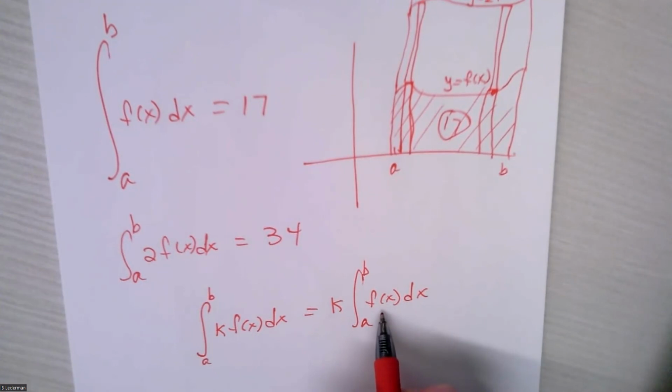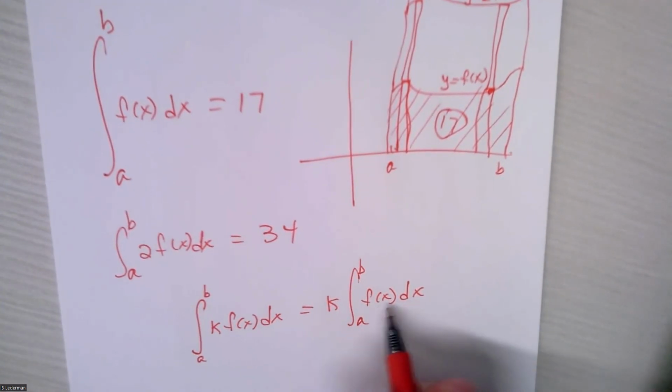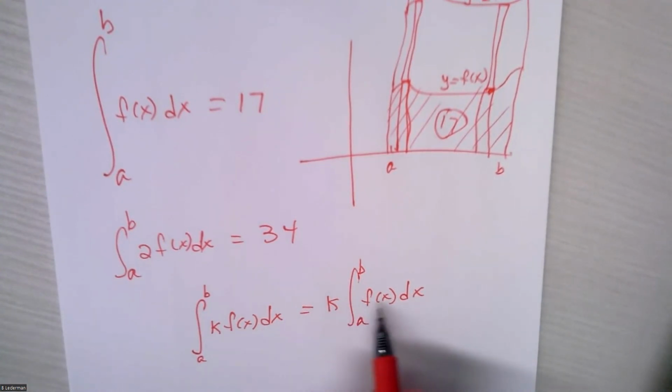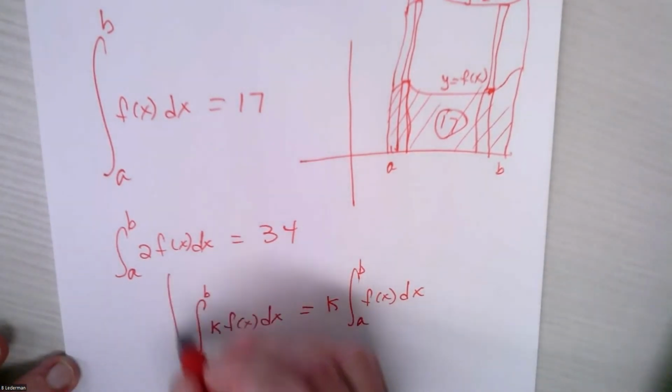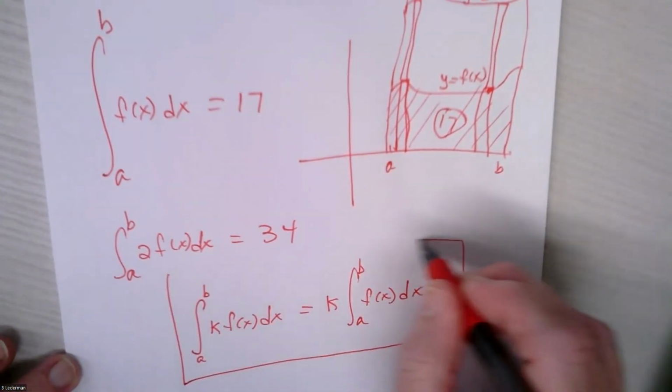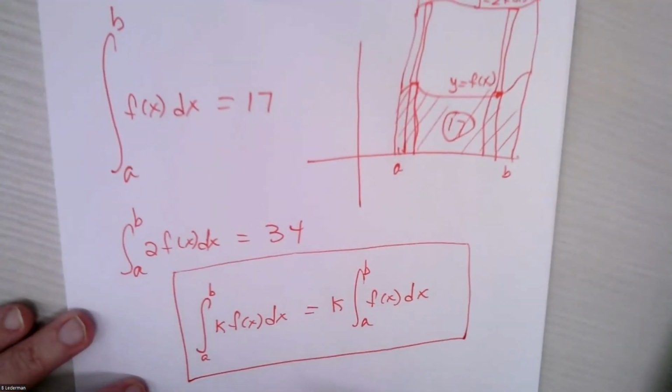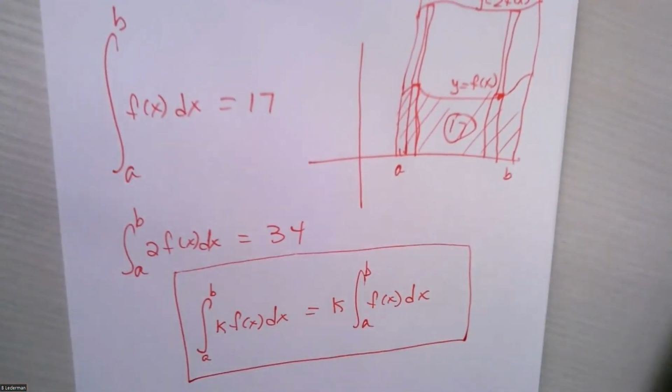In other words, this here is the original rectangles. This is the rectangles that are multiplied. Here each rectangle is multiplied by k, and here I'm just taking the total of all the rectangles and multiplying it by k, like as a group, if you will. So it winds up being the same thing. This is quite an interesting and important rule, and it's very useful. This is a gem. I'm giving you a gem here.